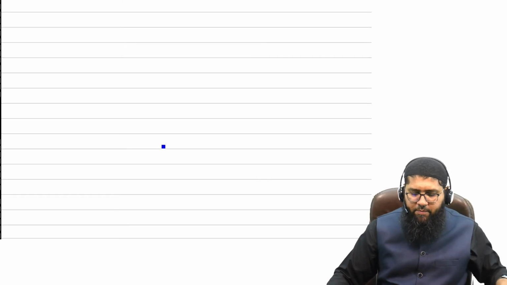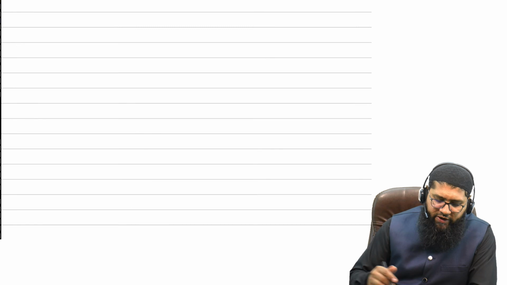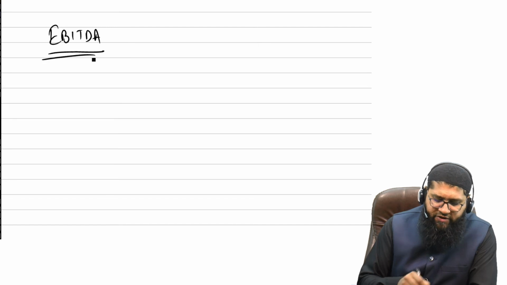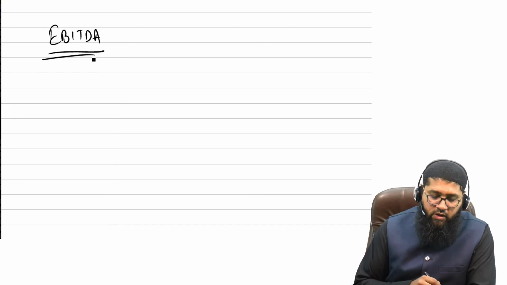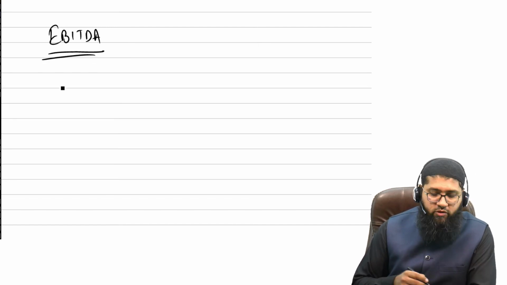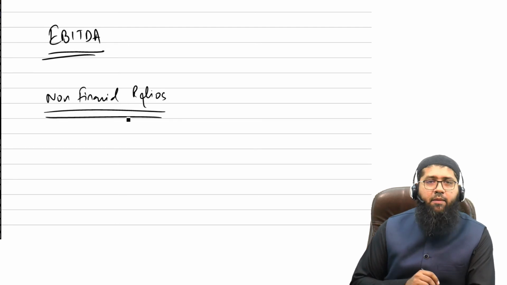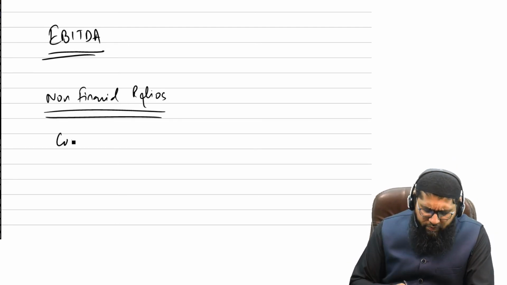Basically, with respect to it, what I can tell you is that ratios like EBITDA, earnings before interest, tax, depreciation, amortization, is one of the key ratios. Then there are some non-financial ratios or non-financial indicators which the examiner could ask. That could be anything.